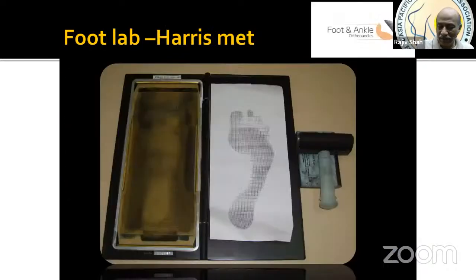And this is the crude instrument to measure, a crude way of measuring the foot pressure. This is called the Harris mat, and then you take this kind of ink and put it over the plantar aspect of the foot and ask the patient to stand and take this print, and you know whether the patient has a cavus foot or a planus foot, or whether the pressure area is at the heel or at the toe.